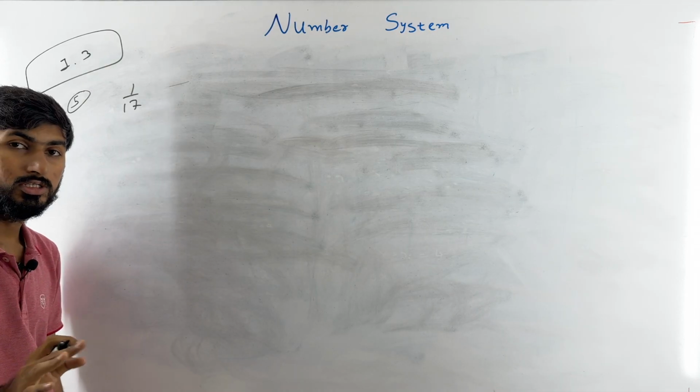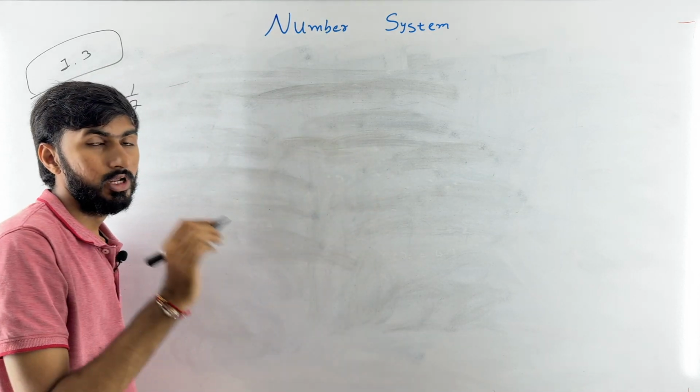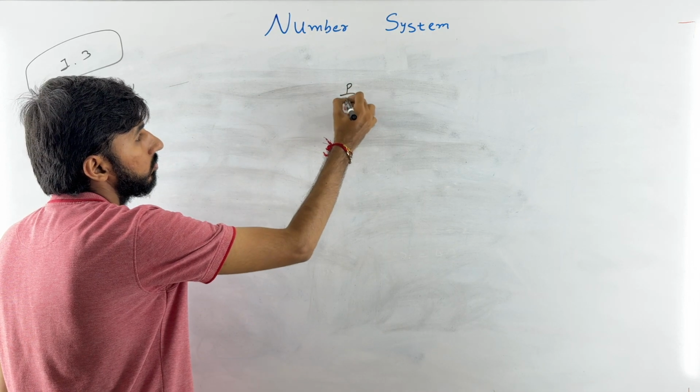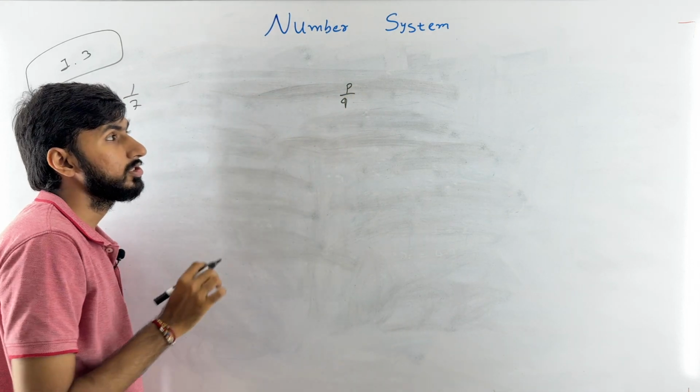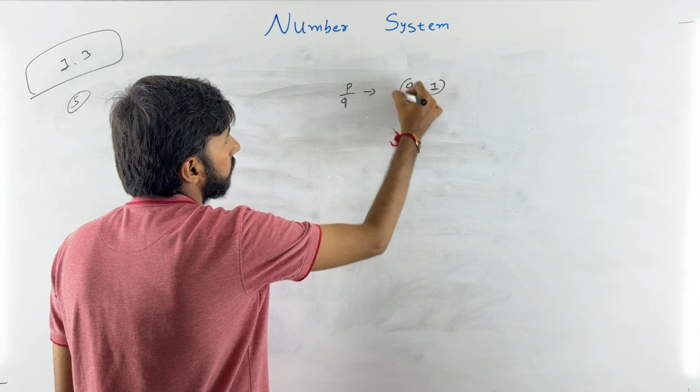The simple trick is, the maximum number of digits that can be in the repeating block of the decimal expansion of any number that is in the form of p by q is q minus 1.